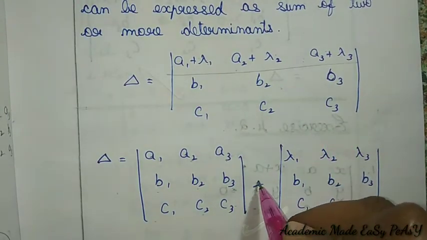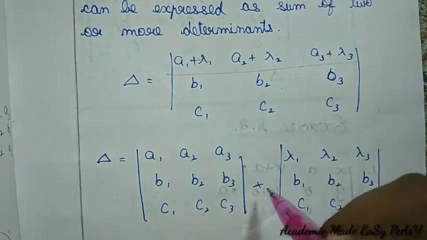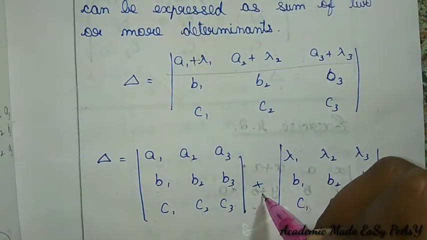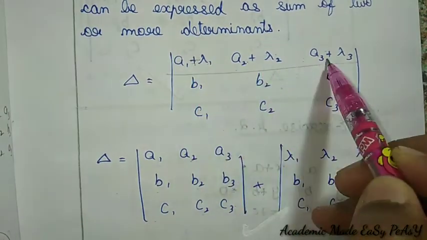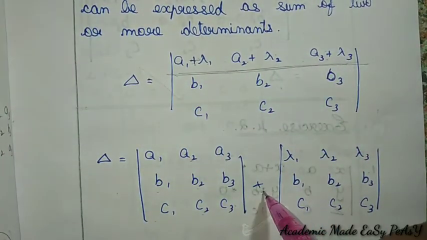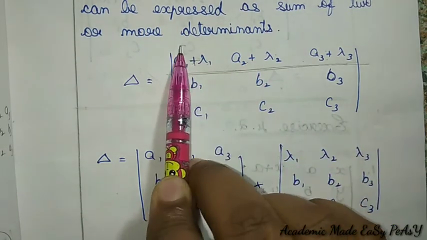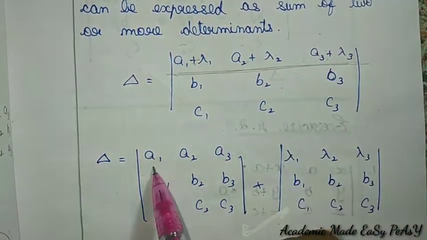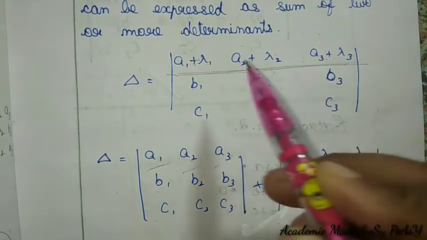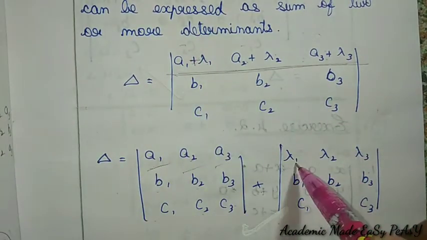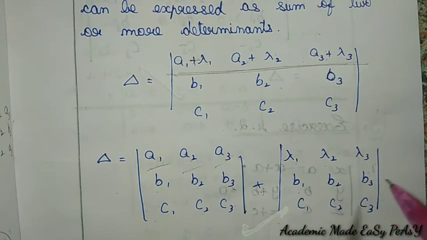In the next determinant, if I have plus, I will write plus; if I have negative, I will write a negative sign. Since I have plus in all three elements, I am writing plus, leaving out a1, a2, a3, and writing lambda 1, lambda 2, lambda 3, b1, b2, b3, c1, c2, c3. That's it. If some constants are added to the entire row or column, then we split the determinant.